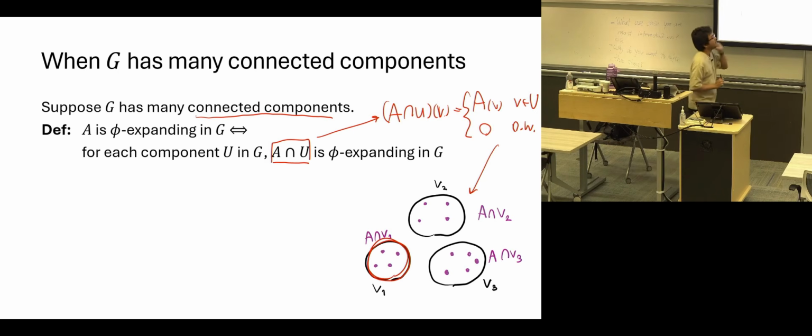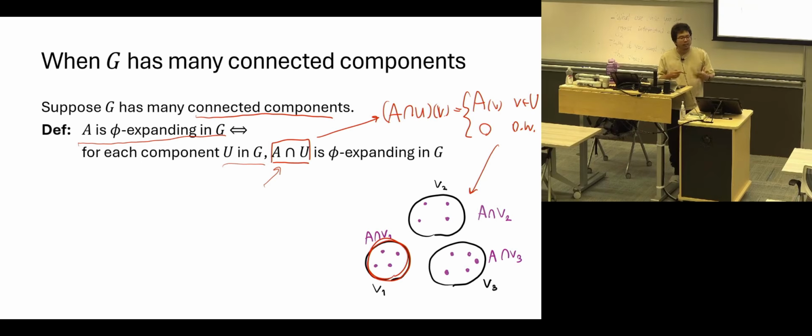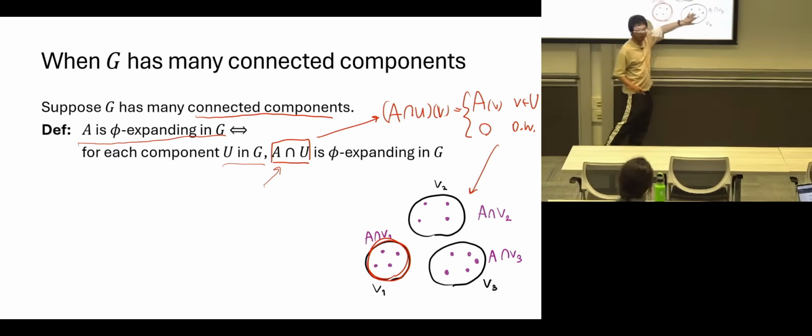This is just a notation. So we say that A is phi expanding in G if for each connected component U of G, A intersect U is expanding. So A is expanding in each of the components.